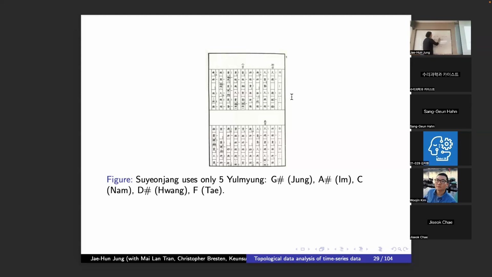Okay, so look at the frequency. F and D sharp, for example, this is F, and this is D sharp. Oh, they come together twice. Then you connect these two, and this is twice. Okay? And so on. If they come together frequently, then we interpret this as the distance being shorter. So we just take the reciprocal in this way.